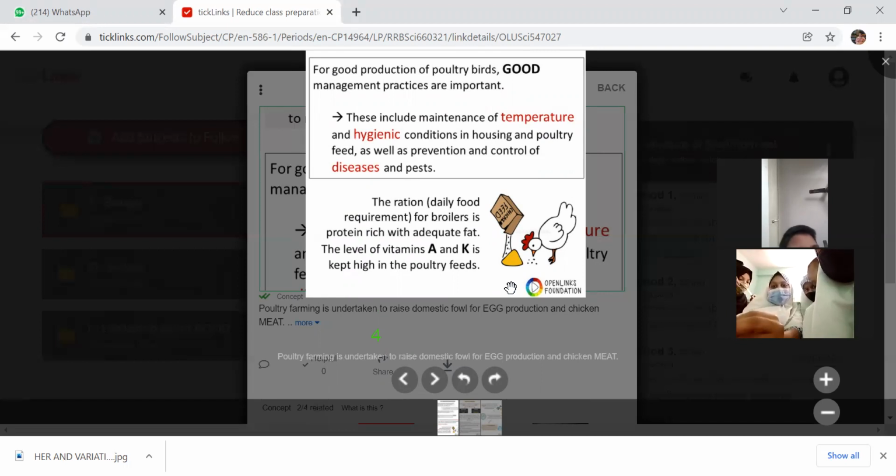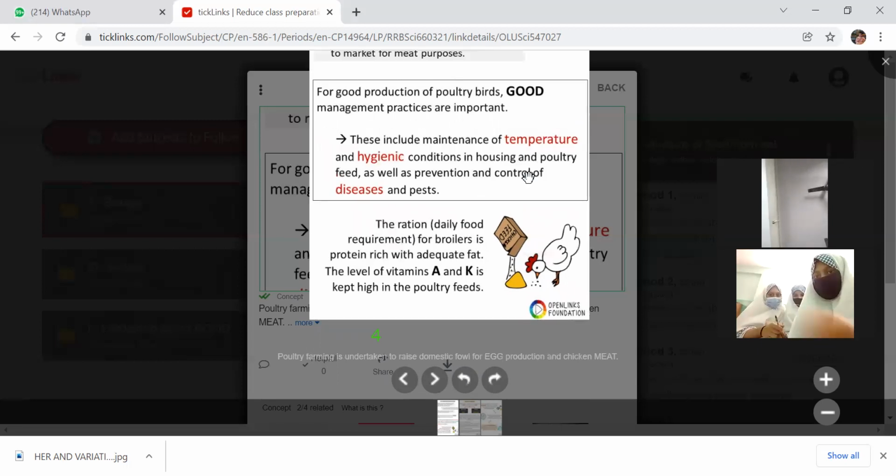I want Rida to read this. The ration, the daily food requirement for broilers, is protein rich with adequate fat. The level of vitamins A and K is kept high in the poultry feeds. So in this breed, not only is the daily food requirement met, but the flesh which we are getting is full of nutrition.